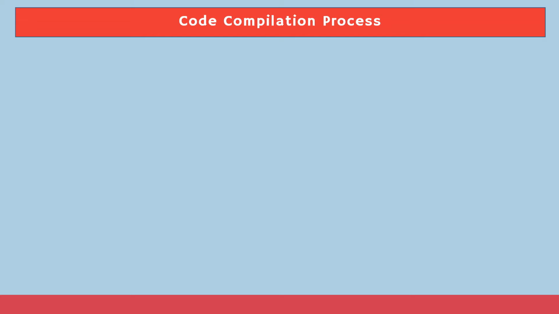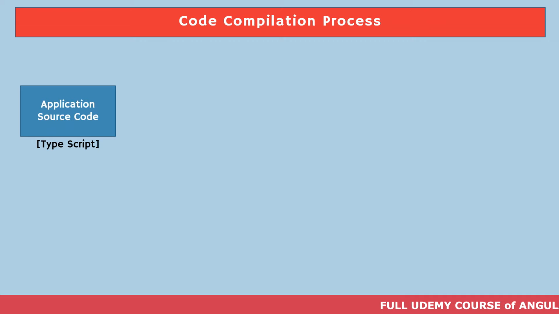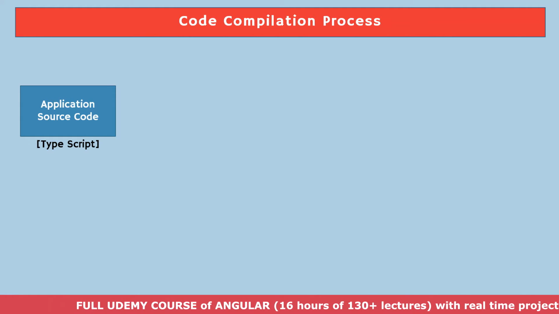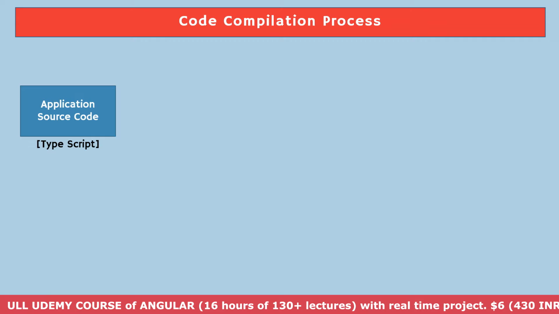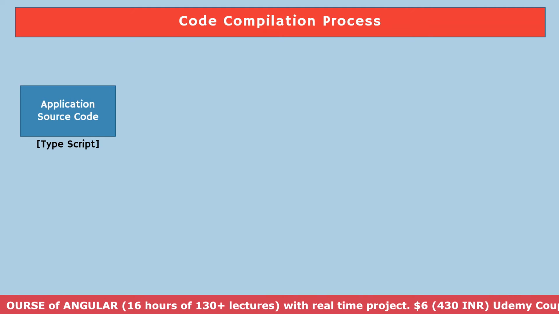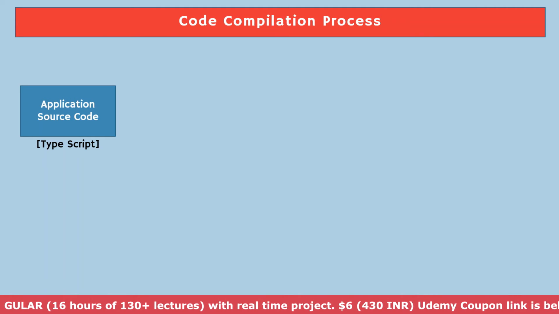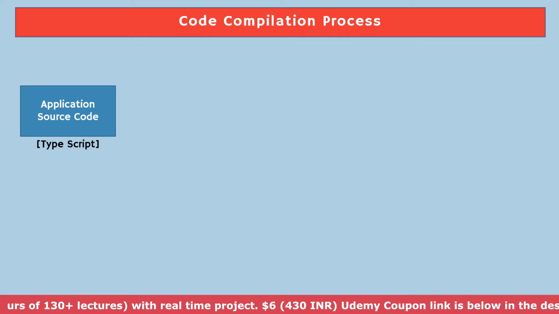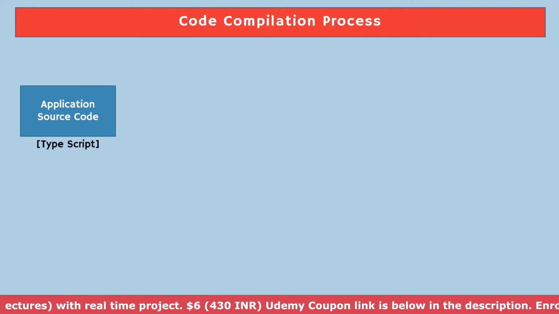Let us understand the overview of the code compilation process in Angular. The application source code, that is, the components and services, etc., are written in the TypeScript language. TypeScript is one of the recently released languages, which is a superset of JavaScript, which adds data types, optional type safety, classes, and interfaces to JavaScript.